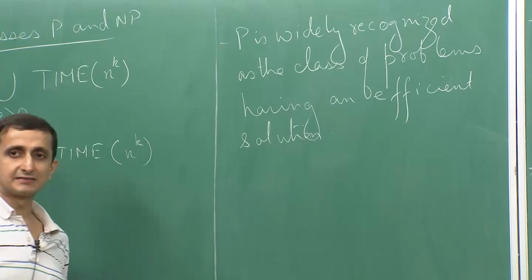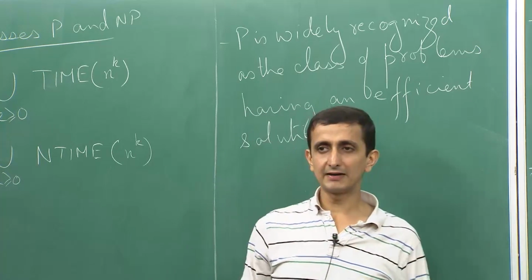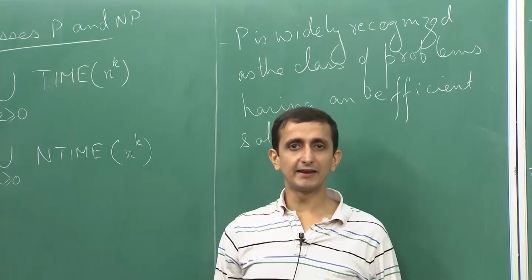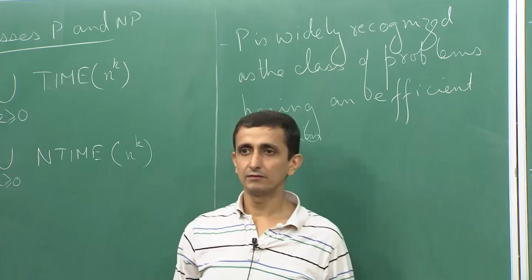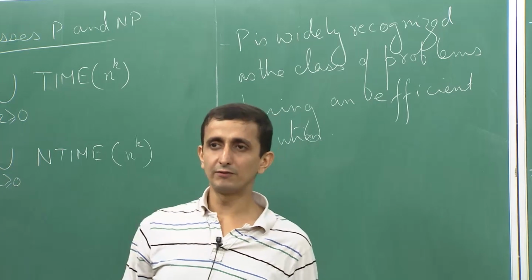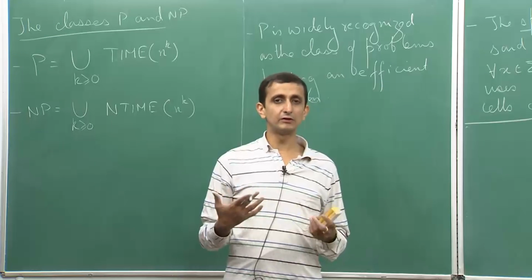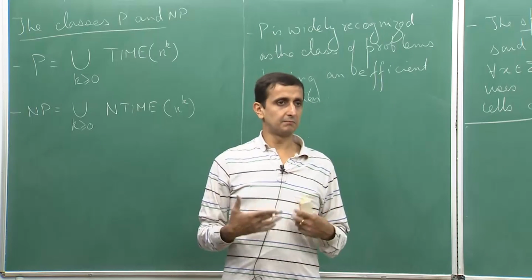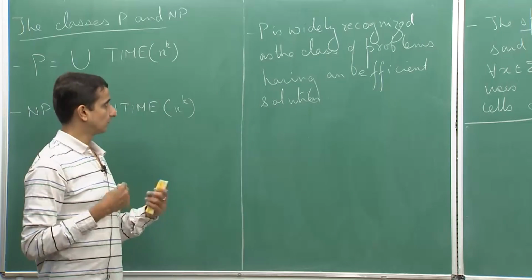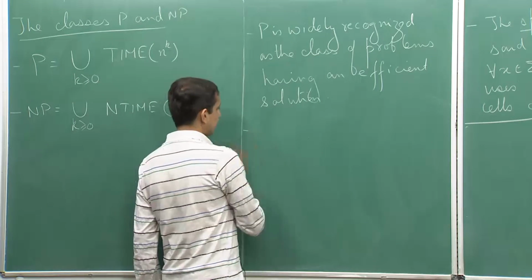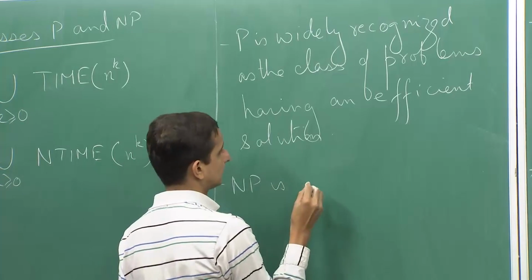Okay. So, it is widely recognized that if we have a problem that is in P, it means that we can actually compute a solution to this problem in an efficient manner. Okay. For example, if we have a computer, we can actually write down an algorithm or a code for this problem that will produce an answer in a reasonable amount of time, quite quickly.